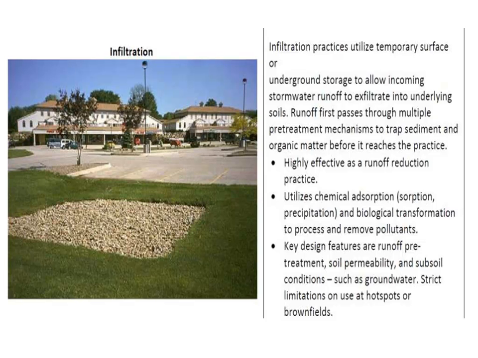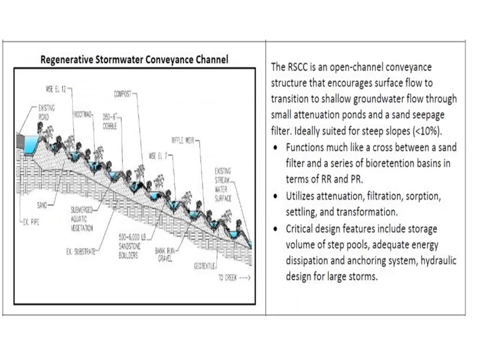Sometimes in developments they'll put in special, not ponds necessarily, but they'll design the landscaping to promote infiltration. And so in this case, you can see there's a gravel bed at a low point in the grass that's next to a parking lot that can promote infiltration.